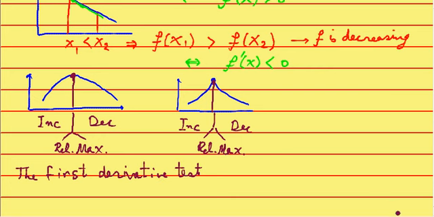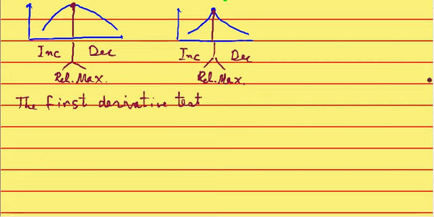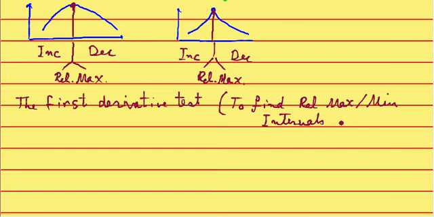The first derivative test is going to give us a procedure for finding and labeling maximum and minimum points, so this is essentially to find relative max and relative min, as well as intervals of increase or decrease.